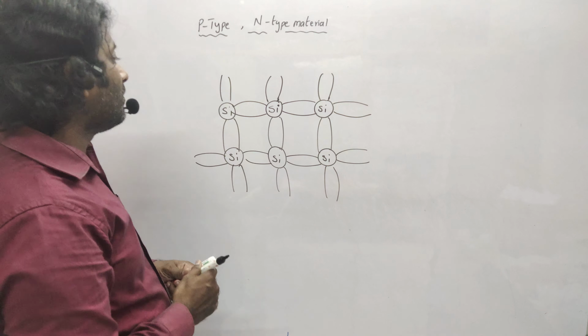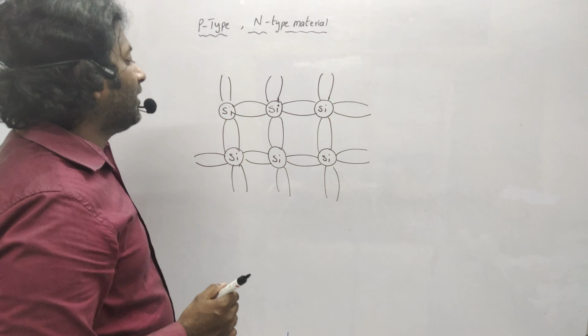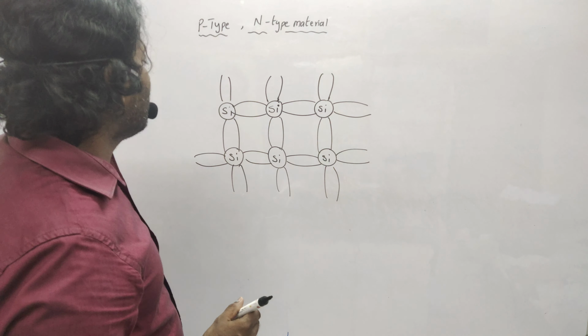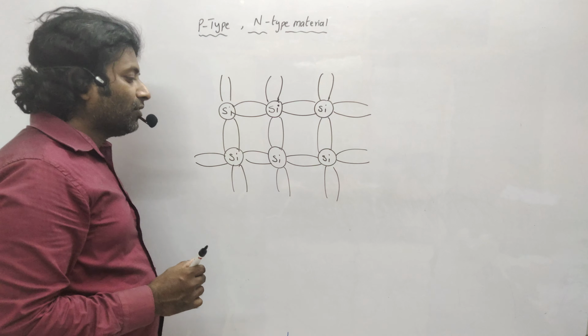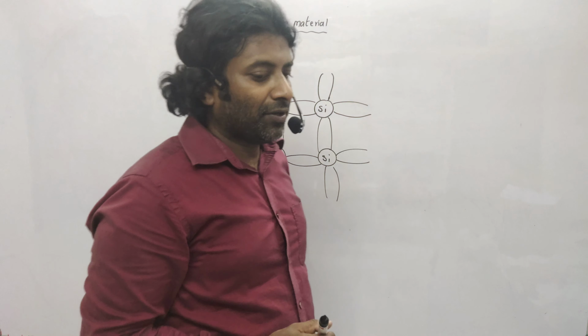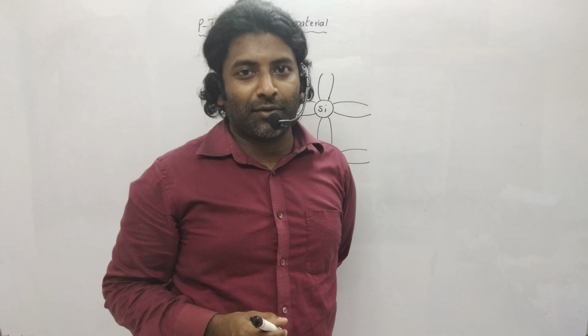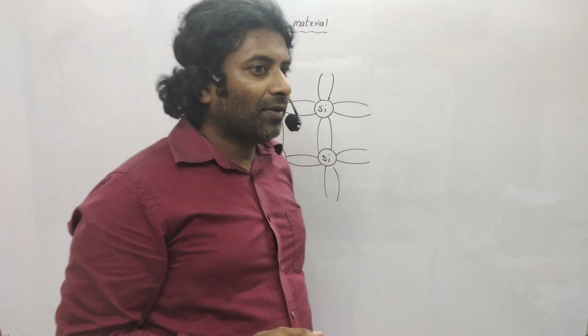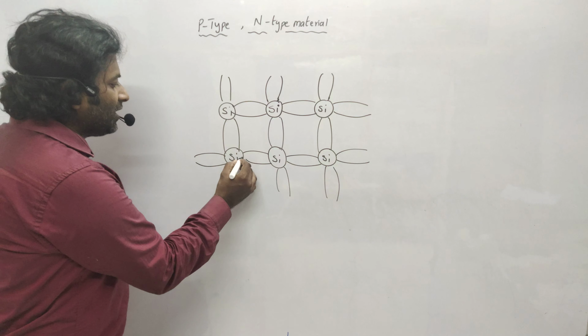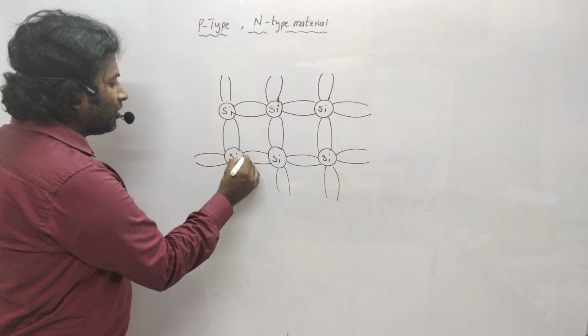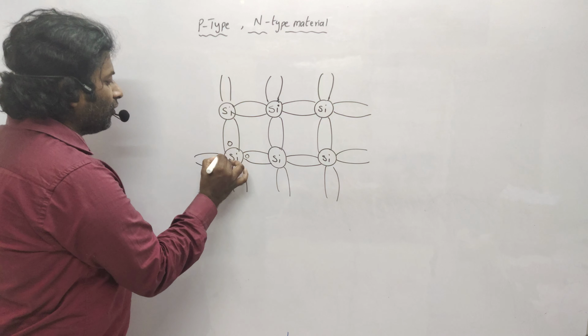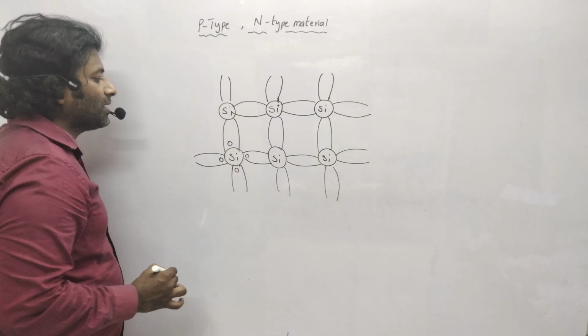Now every silicon atom requires 4 electrons, or it needs to lose 4 electrons. We observed already, right? So suppose it requires 4 electrons, it needs to have 4 holes here. I am showing holes here.